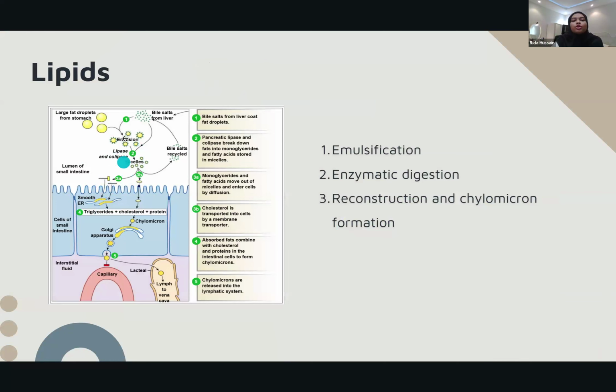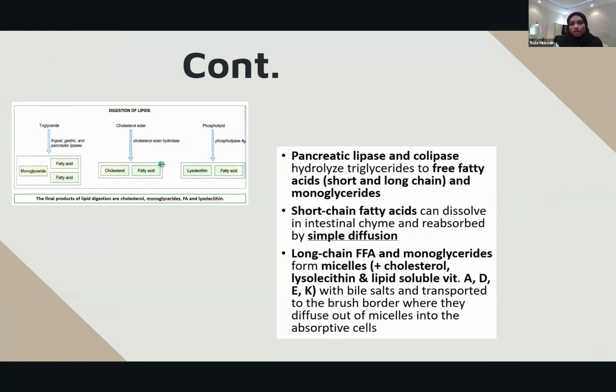It doesn't have to be in the form of a micelle. Longer ones have to be in the form of a micelle. The micelle includes other products like monoglycerides, lysolecithin, and lipid-soluble vitamins, which are vitamins A, D, E, and K. Vitamins A, D, E, K. Just really remember this. This will be a concept that is repeated later on.